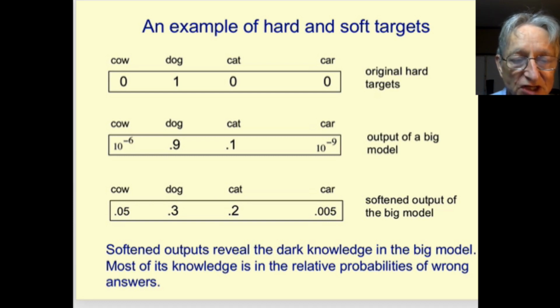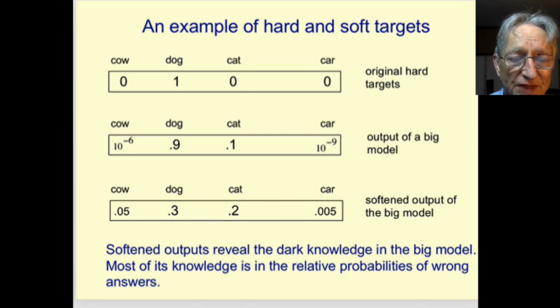Now, the image is actually a dog, and you might think that the difference between cow and car is irrelevant, but actually a lot of the knowledge, if not most of the knowledge of the big model, is not in what the right answer is, it's in the relative probabilities of wrong answers. That's why on a multi-class quiz, it's very instructive to ask people to give the second answer, because then you can see not whether they know the right answer, but whether they can judge what's plausible and what isn't.